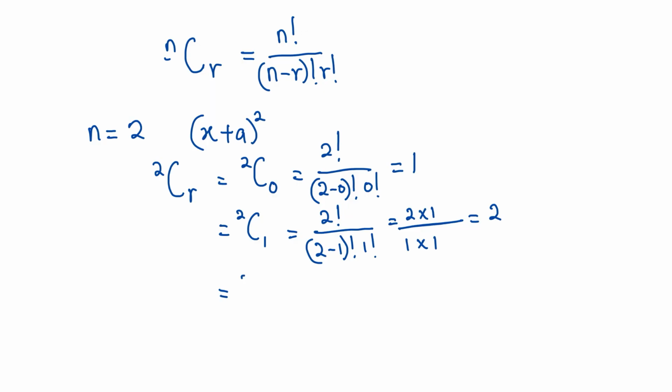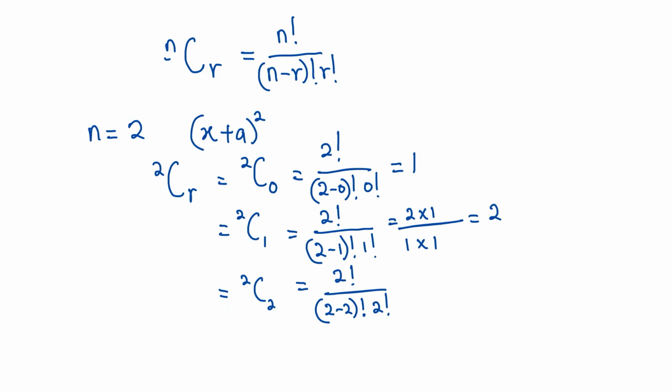And then for the last term, which is 2 combination 2, once n and r are equal, you know that that's your last term. That would be 2 factorial divided by 2 minus 2 factorial times 2 factorial. Again, 2 minus 2 is 0, right? So that's a 0 factorial.